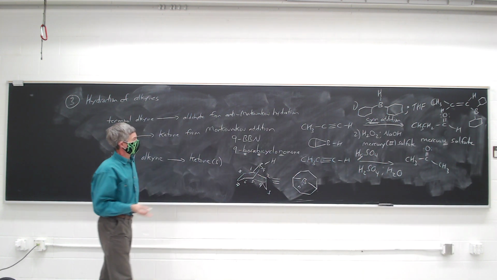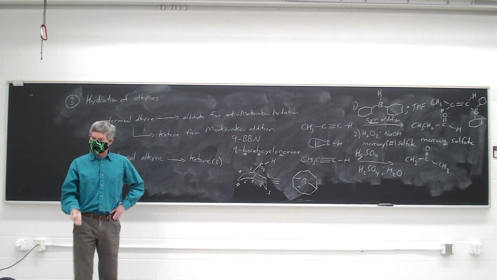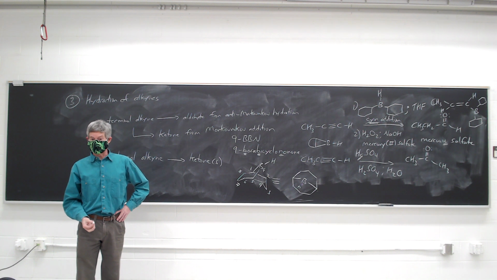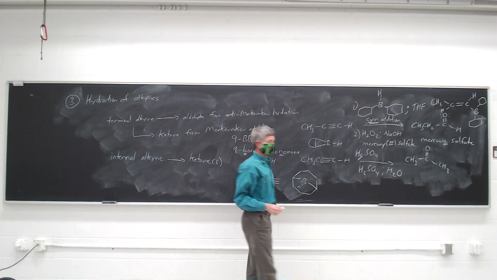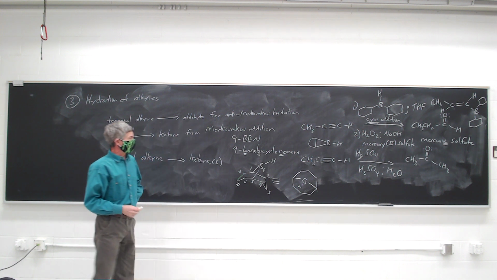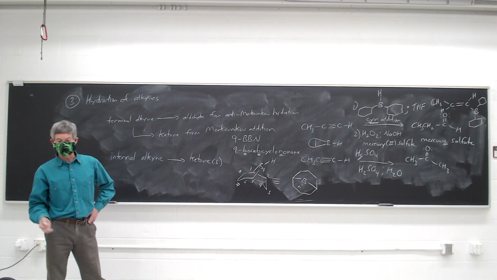So it's catalyzed by the mercury(II) ion. It's similar mechanistically to the oxymercuration, except that we only need catalytic quantities of the mercury(II) sulfate, and we don't have to have a demercuration step because the mercury falls off spontaneously.